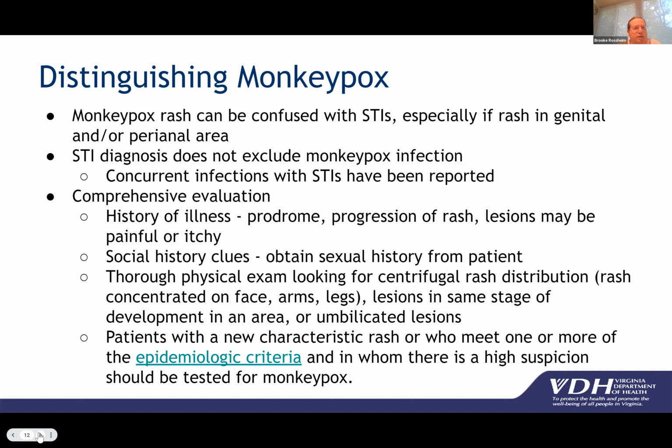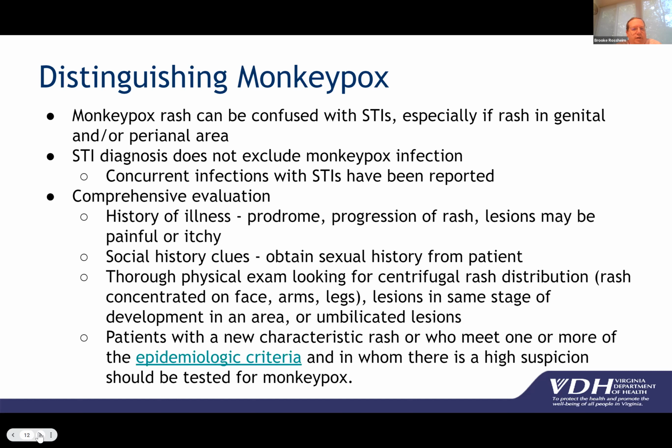Social history is important. Has this patient engaged in risk behavior? So obtaining a sexual history from the patient is important. A thorough physical exam, looking for a centrifugal rash distribution. That would be a rash concentrated on the face, arms, or legs. And also, are the lesions in the same stage of development in an area?